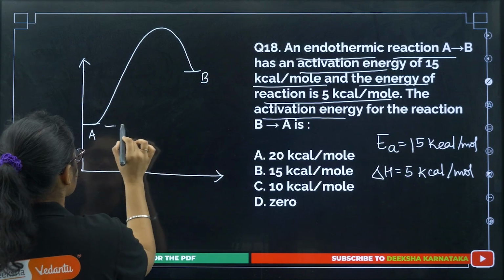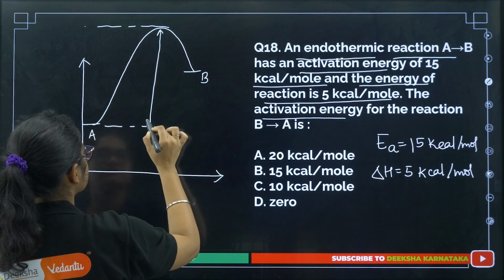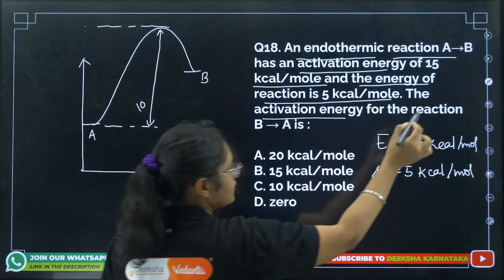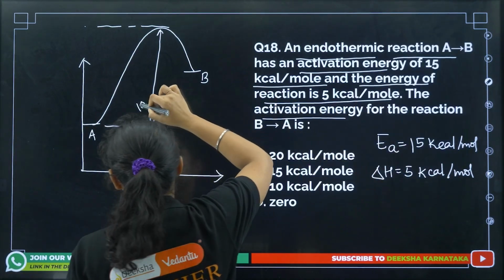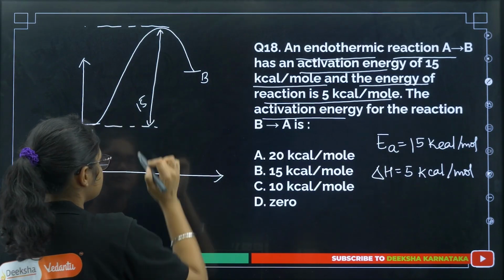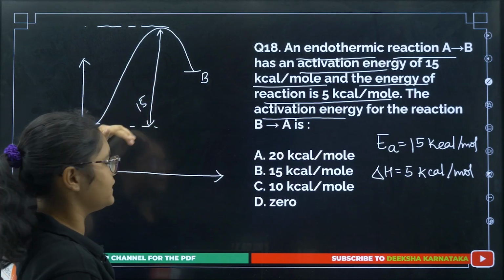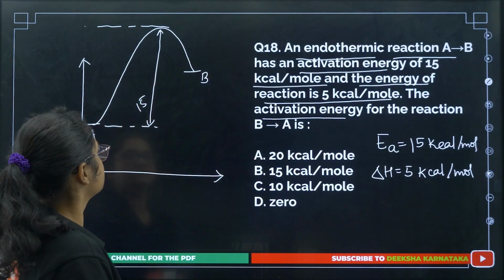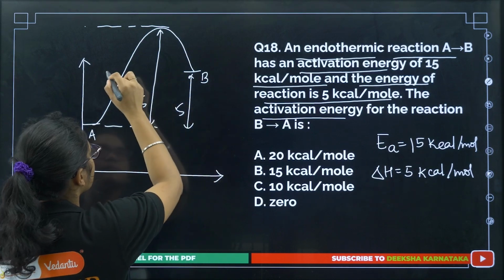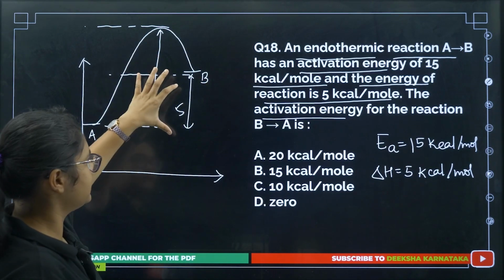From the starting point to the threshold region is the activation energy, which according to the question is 15. Now, what is the energy of the reaction? It is the energy of products minus reactants, this gap, which is 5. So the total is 15, this is 5.